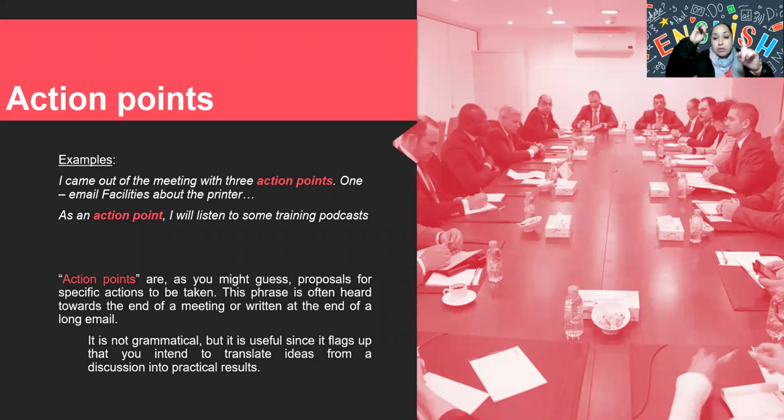Sometimes they agreed on some things, and then people in a meeting also write down those agreements and then the actions to make those agreements possible. So those are action points, and it's very common to see it in business English.